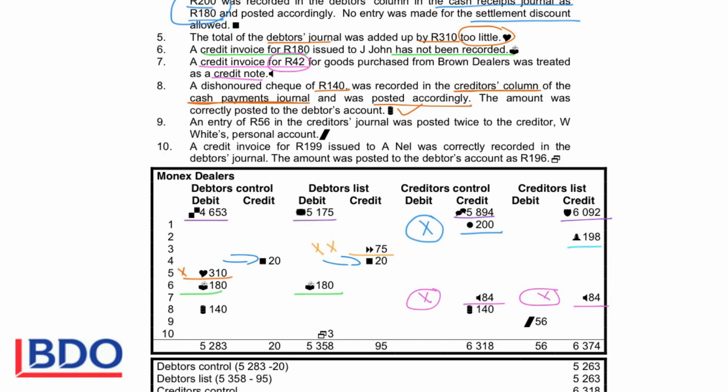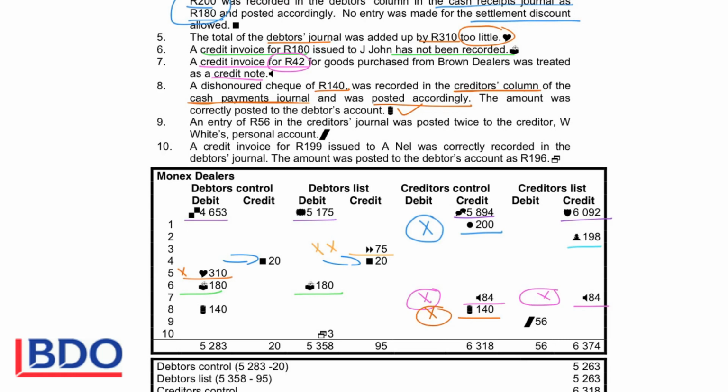Now, if it is posted from the cash payments journal, the bank was credited and the creditors control account was debited with 140. So to correct this mistake, I must credit the creditors control account because this figure was not supposed to be in the creditors control.